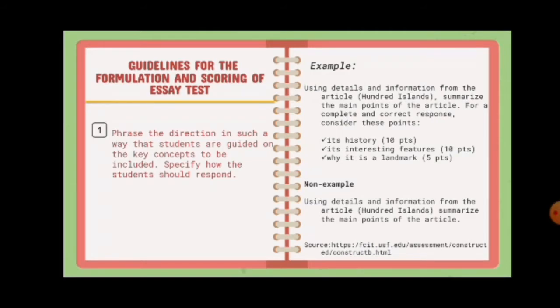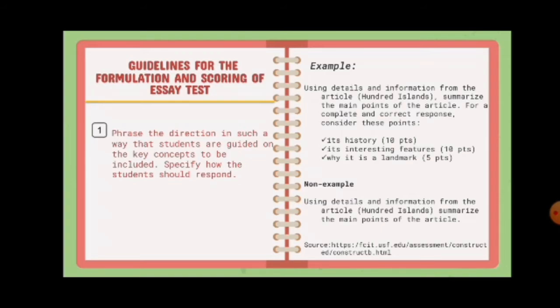So, guidelines for formulating and scoring essay tests. Number 1: phrase the direction in such a way that students are guided on how they should respond. For example: using the details and information from the article, 100 Islands, summarize the main points of the article.